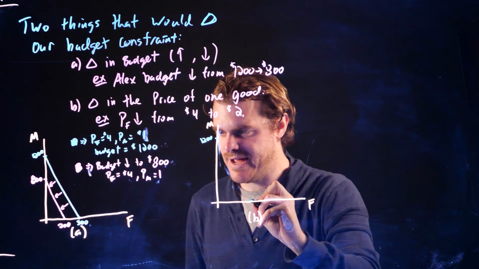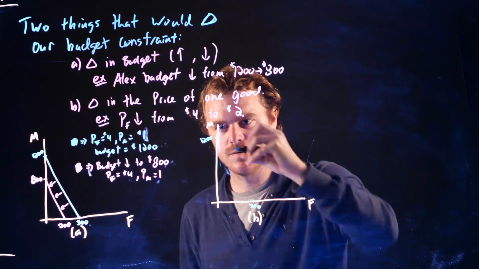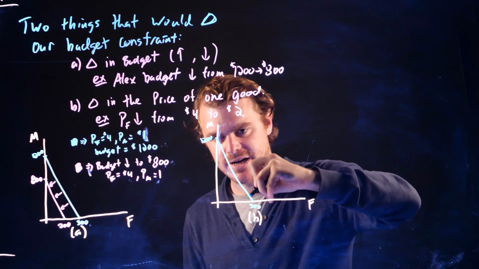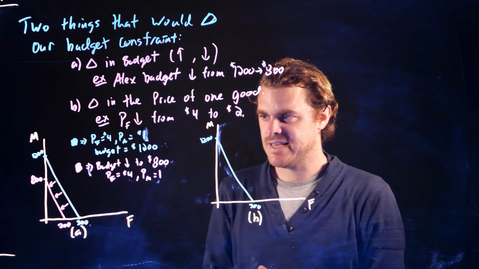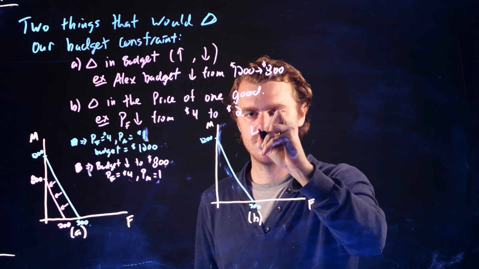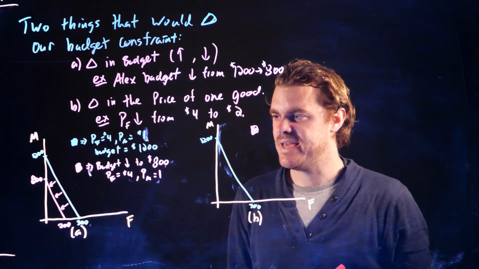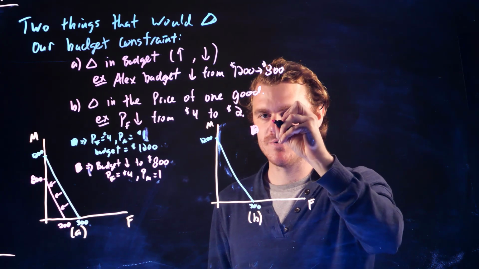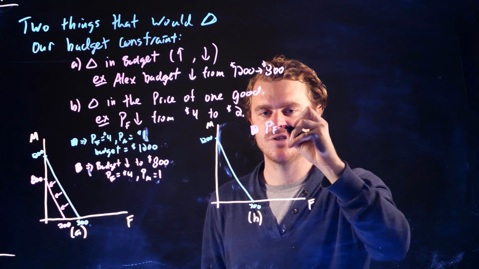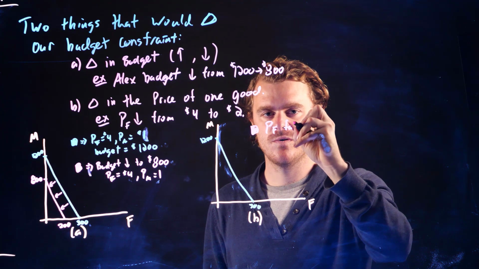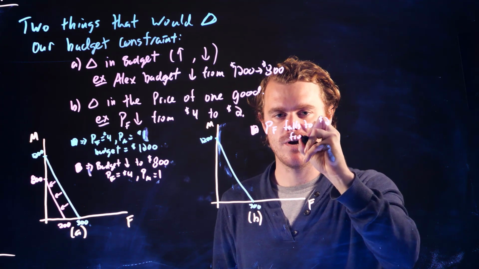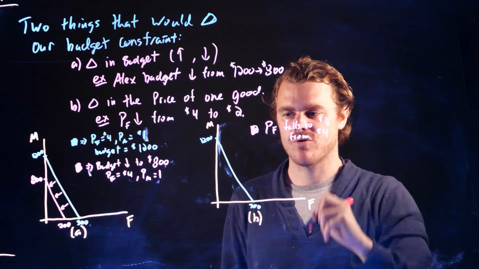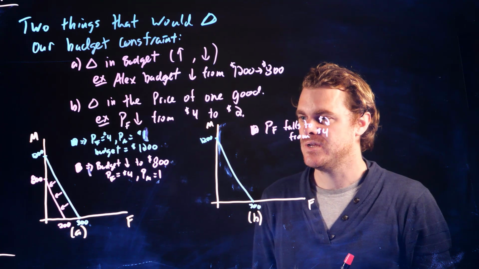So 1200 and 300, a straight line between them. So this was that original situation. Let's say now this pink on this graph is going to represent when the price of fish falls to $2 from $4. So the price of fish has gone down.